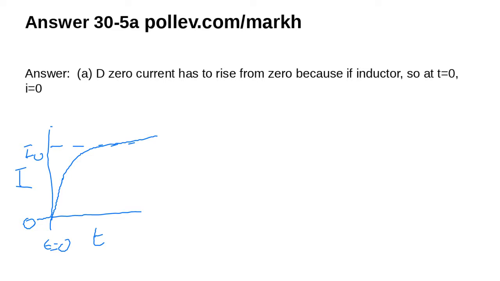And so, our battery here, inductor here. At t equals 0, there is no current in this circuit at the instant we flip some switch.